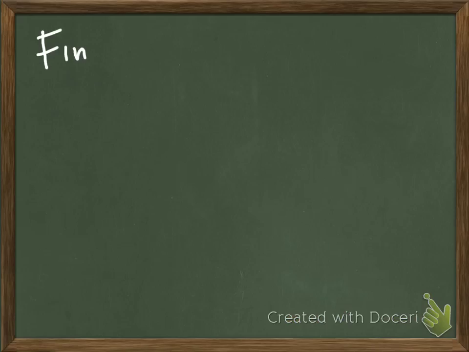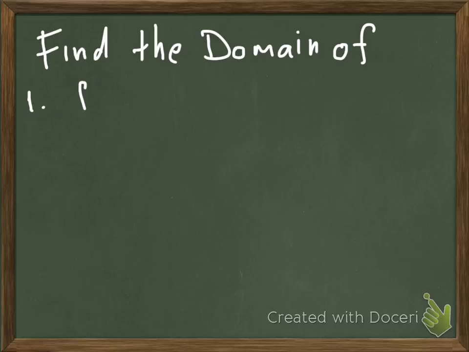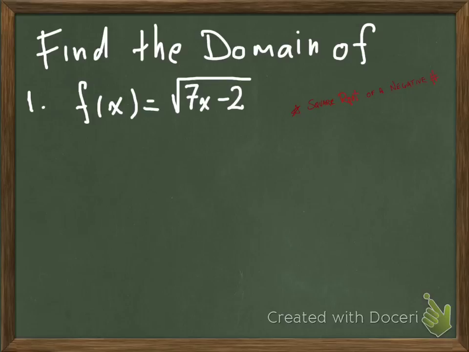For example, if we have a function that we're trying to find the domain of, such as f of x equals the square root of 7x minus 2, in this case we're clearly concerned with the square root, so we have to keep in mind that we can't take the square root of a negative number.